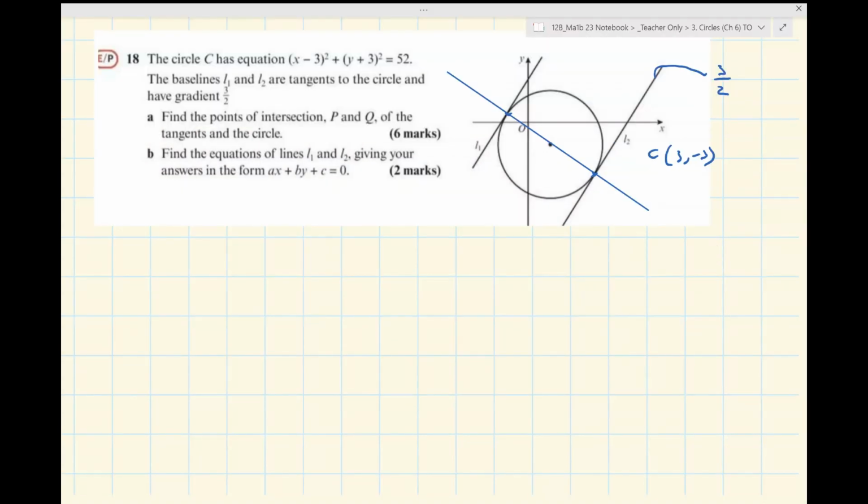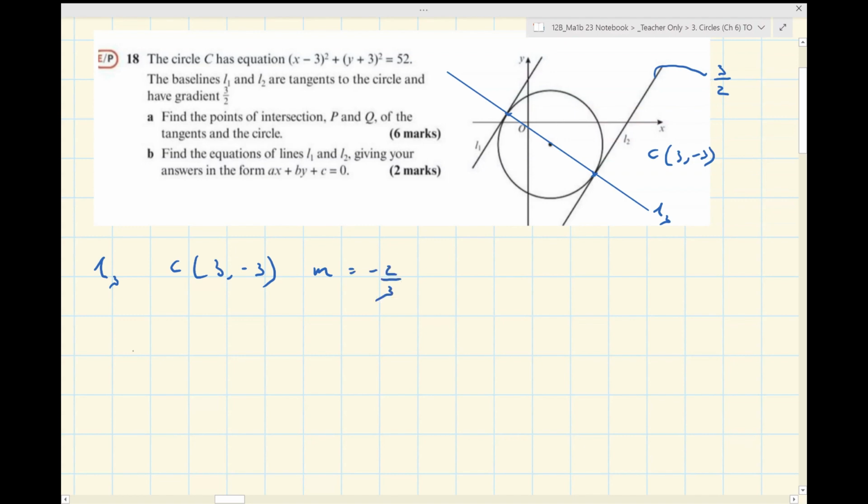To find the equation of this line, which I'll call L3, I need a point on the line. Well, I've got that because I know that the centre of the circle is at (3, -3), and I need the gradient of the line. Well, I've got that because I know that the gradient of those tangents is 3 over 2. So the gradient of my line is minus 2 over 3.